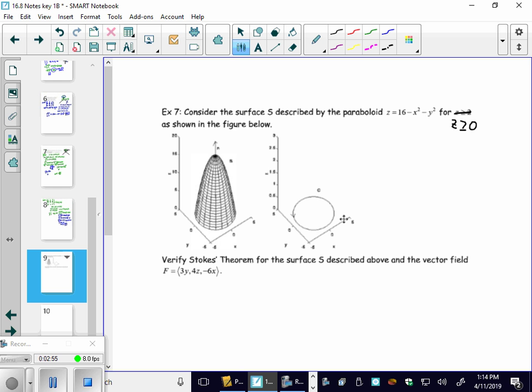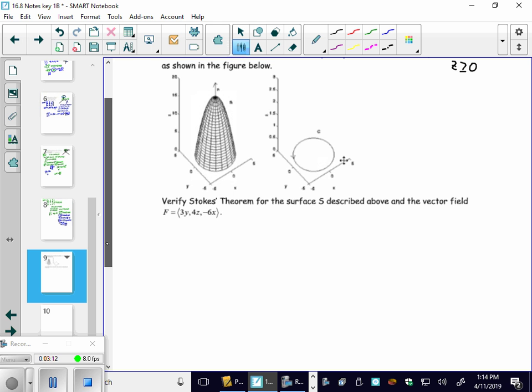All right, we're going to verify Stokes' theorem for the surface S described above and the vector field that's given as 3y, 4z, minus 6x. So on this first one, we're going to do the line integral F dot dr.